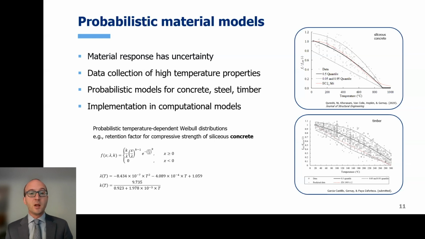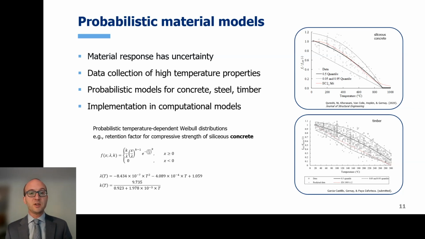So in a project with colleagues from University of Ghent, University at Buffalo, and the company OFR in the UK, we collected a large database of high temperature properties for steel and concrete, and we looked at the distributions of measurements at the different temperatures.